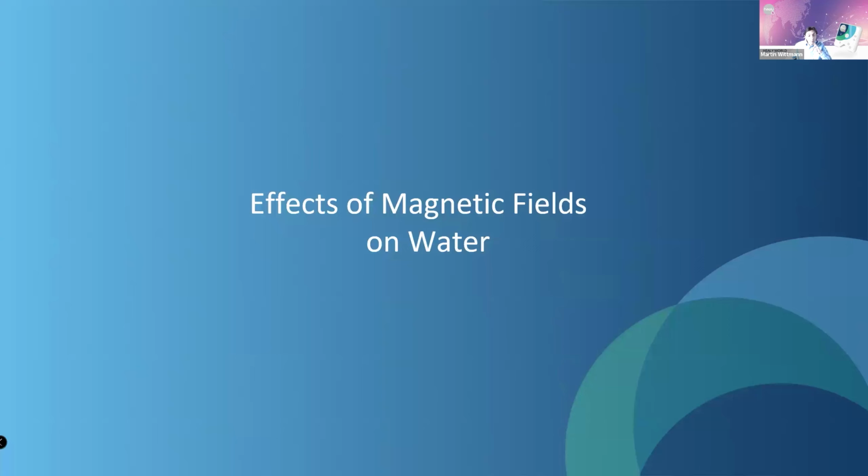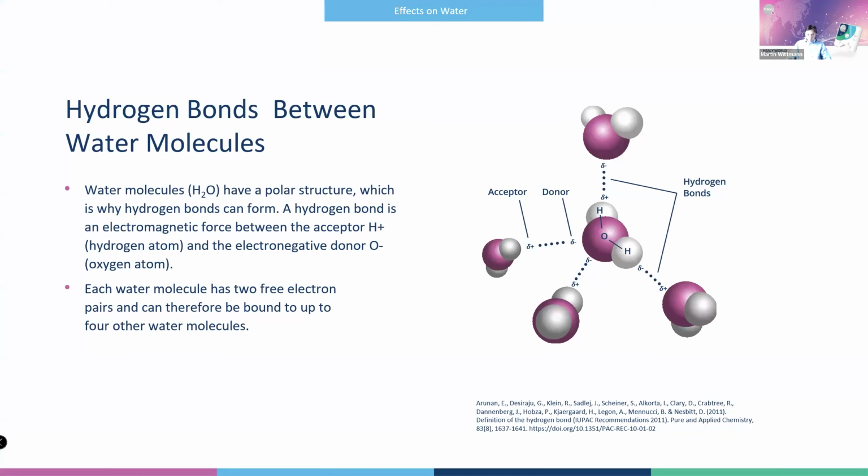Then the effects of magnetic fields on water. And this is really, really interesting. Because as we all know, water molecules basically consist of 2H and 1O, with hydrogen bonds that are possible between those molecules. So you have hydrogen and you have oxygen, and the oxygen is negative and the hydrogen is positive.